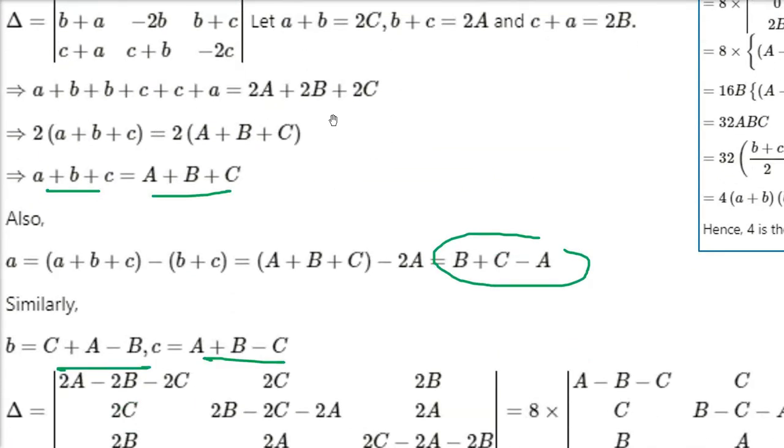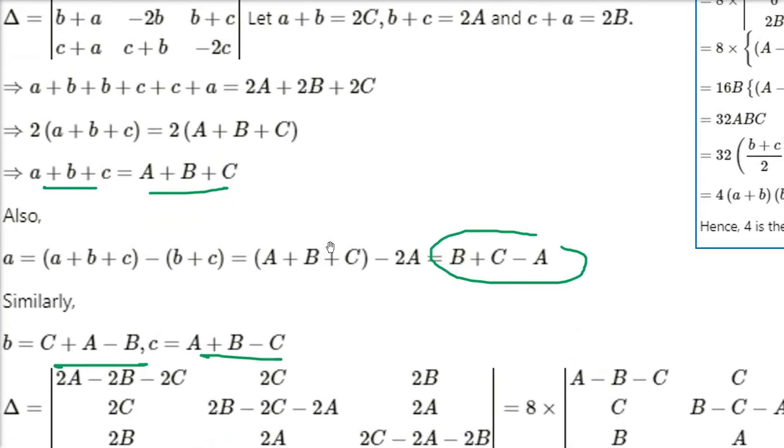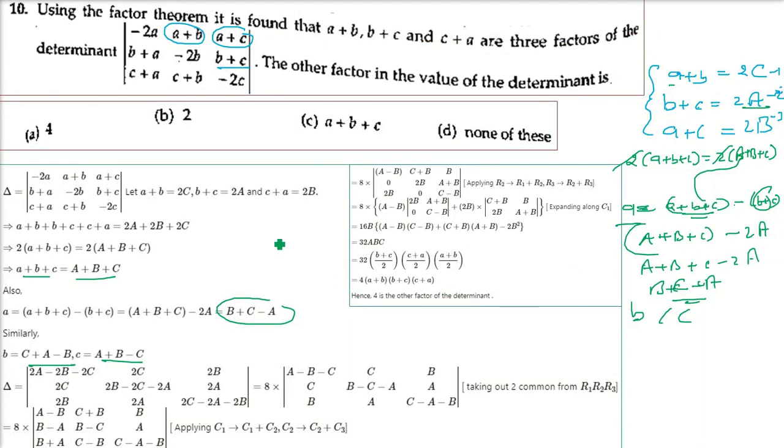Now you see, we have started, and we will write this in terms of capital A, B, C. Right? So the first one is minus 2a. I'll just show you how to do this minus 2a so that you will be able to do minus 2b and minus 2c by yourself. And then b plus a, a plus b, c plus a, we have already said these will be 2C, 2B, 2A. So minus 2a, I'm going to show you. Minus twice, what is a? In place of a, you can write B plus C minus A. Now multiply it inside. It will be minus 2B minus 2C and plus 2A.